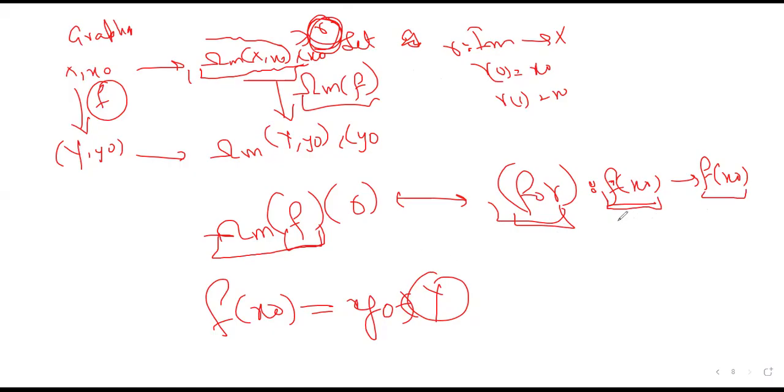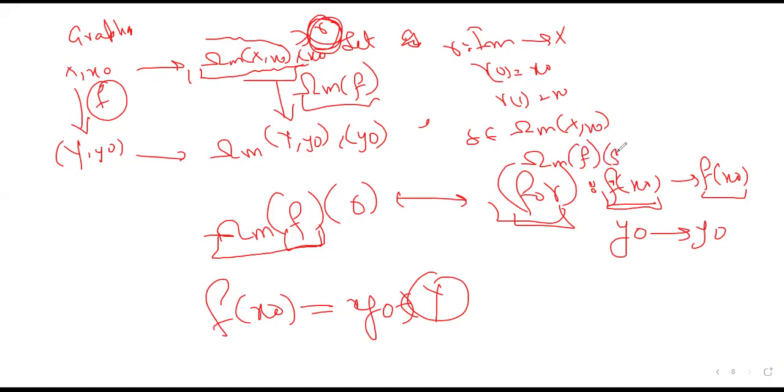What is f of x naught? F of x naught is y naught. Okay, this is this type of assignment from omega m of f. Okay, meaning if we let sigma be in omega m of (x, x naught), omega m of f sends sigma to f of sigma.